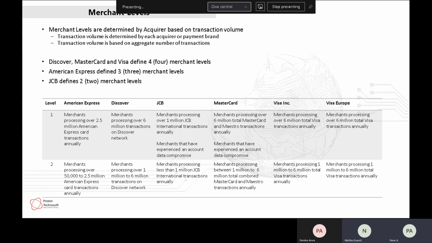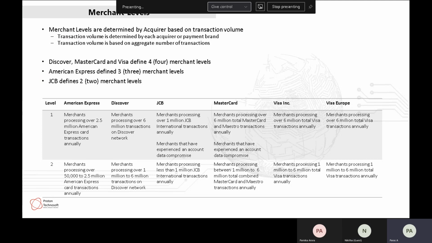So if I am a person like Amazon, I will be a tier one, where multi-million transactions happen. If I am a small-time merchant where only one or two, or a couple of hundreds or thousands of transactions happen, I will probably be a merchant level 4.